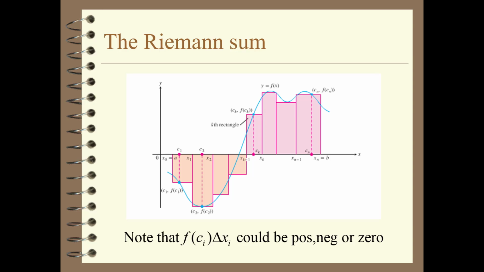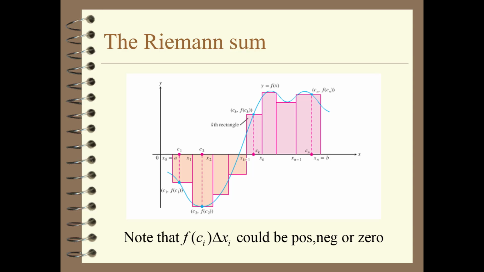The product of the function at c sub i times delta x sub i could be either positive or negative or even 0, depending upon the function value. So when you add up all these products, think of it like you're adding up positive areas to some negative areas and sometimes 0 areas. This is good, by the way.